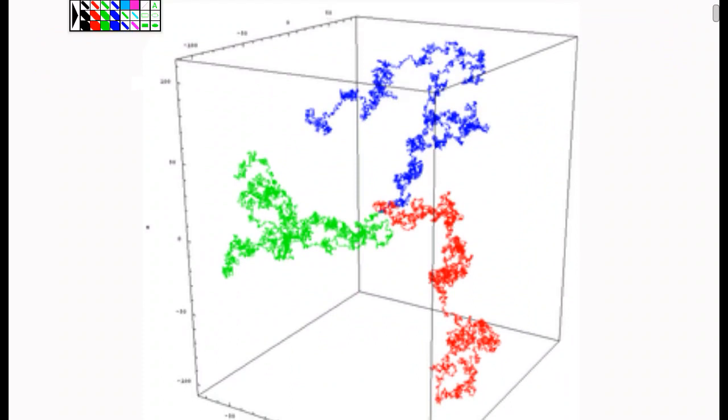The name of this process goes back to a biologist, Brown, who observed pollen in a liquid under the microscope, and he realized that these little pollen pieces perform a random motion.